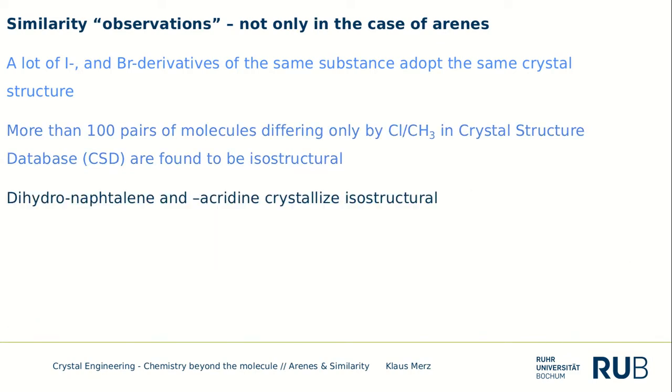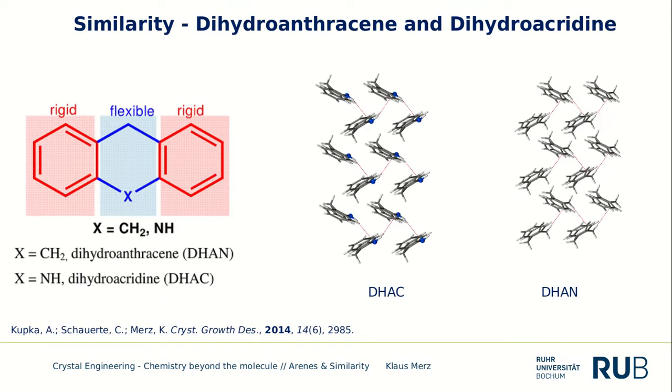Another example, dihydronaphthalene and acridine crystallize isostructurally. Same crystal structure. Once again, not the molecule is important; the interacting atoms and molecules are important, the electrons are important, and the similar shape.